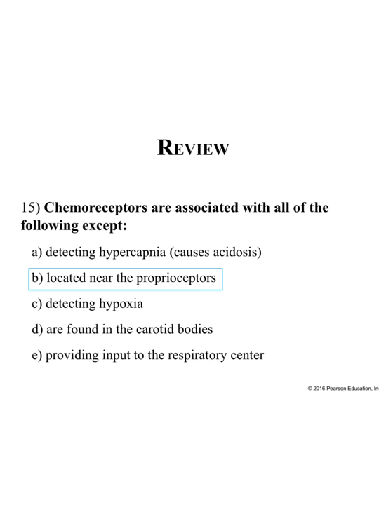Chemoreceptors are associated with detecting hypercapnia, which remember is too much CO2, which lowers the pH, causing it to be too acidic. That's what acidosis is. Chemoreceptors do detect when oxygen levels are low. That's what hypoxia is.